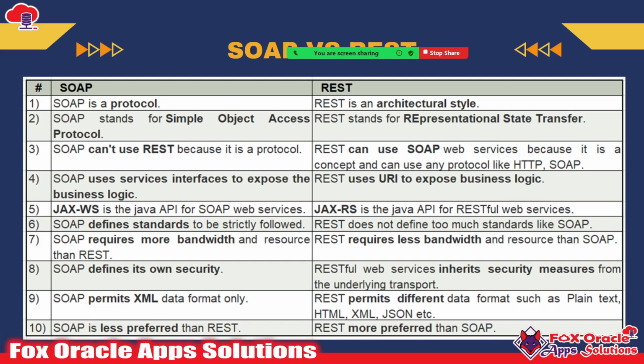For example, for creating a purchase order in Oracle Fusion, we don't have a REST API. So we don't have the option to choose which web service to use. In this case, Oracle provided a SOAP web service to create the purchase order in Oracle Fusion.